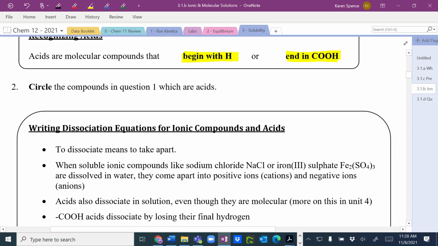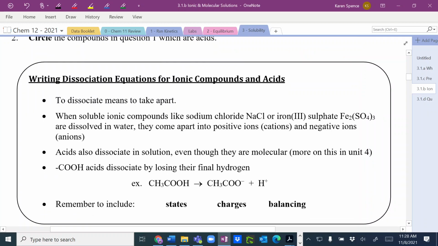Writing dissociation equations for ionic compounds and acids. To dissociate means to take apart, and so you're going to separate the cation and the anion. And we've been practicing writing dissociations for the last week, so hopefully these won't be too bad. Don't forget to include your states, the charges, and make sure everything is balanced.